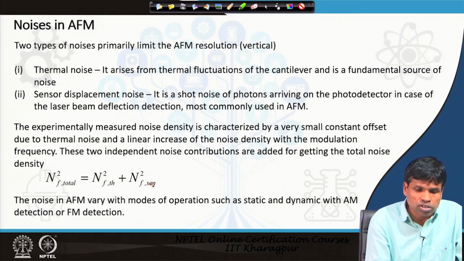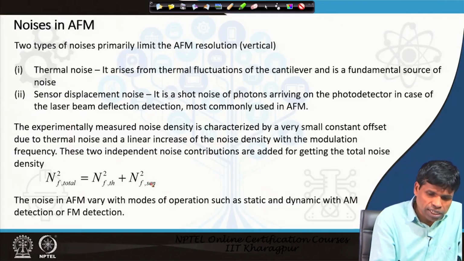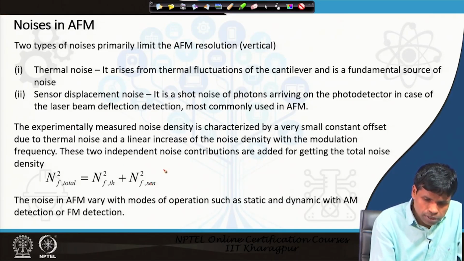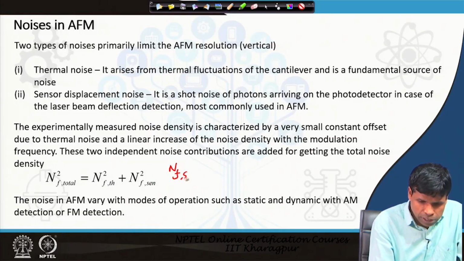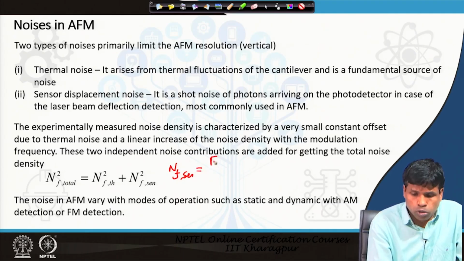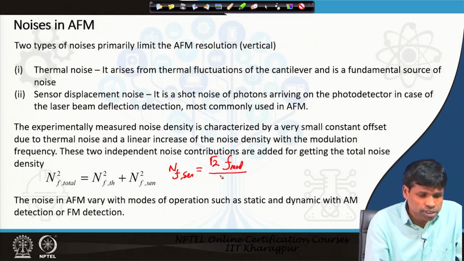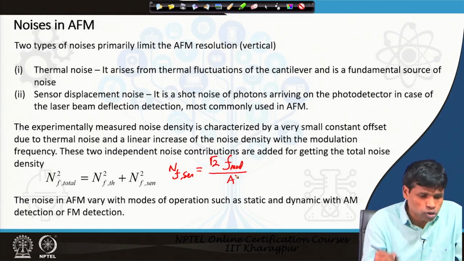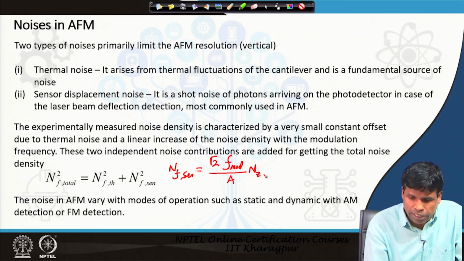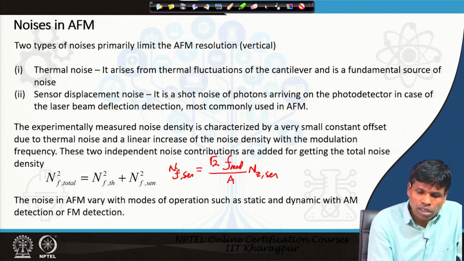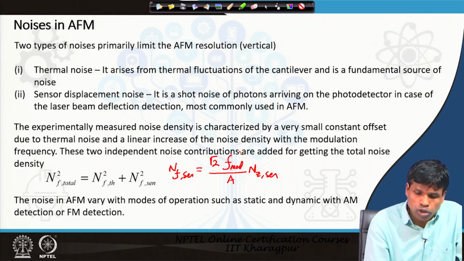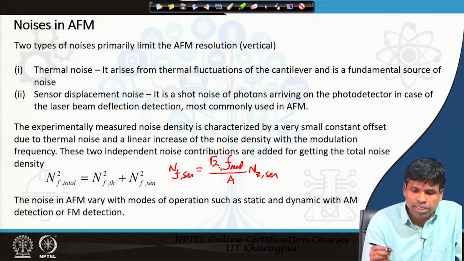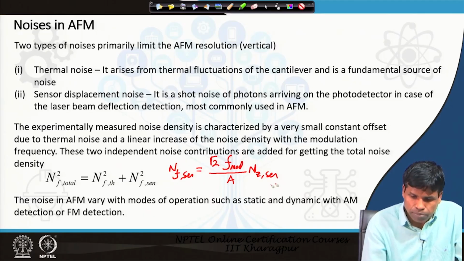This sensor displacement noise can be written as NF sensor, something like root over 2 times the frequency of the cantilever modulation times NZ sensor. This noise is directly proportional to the frequency of modulation, and will increase as the frequency increases.